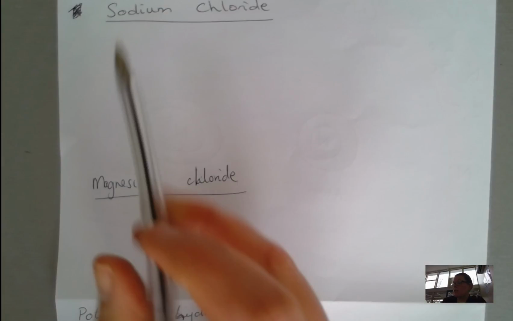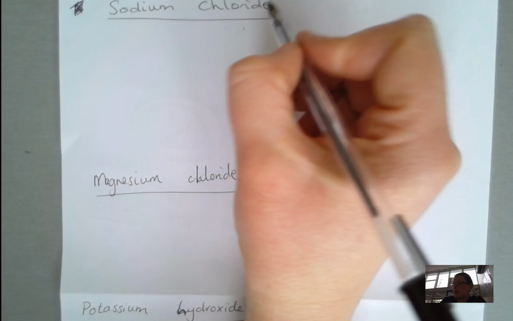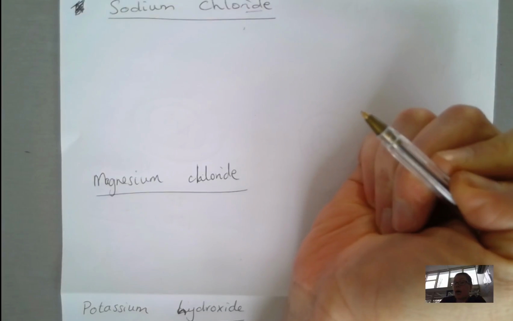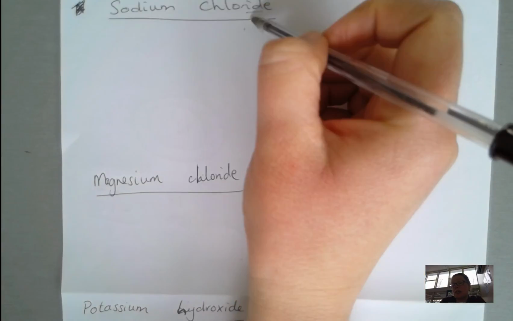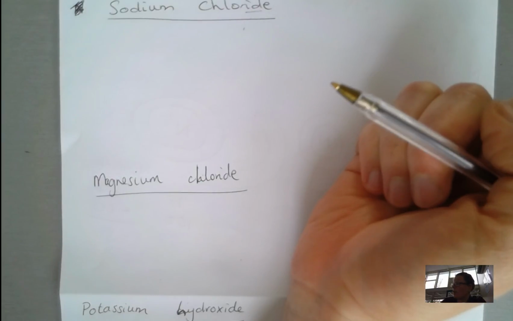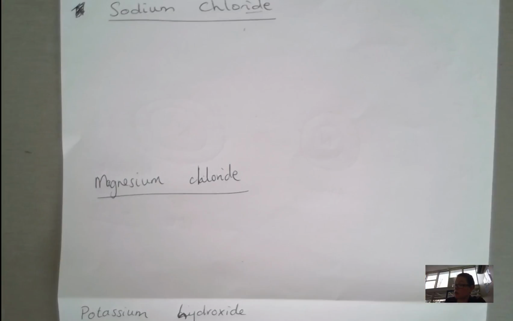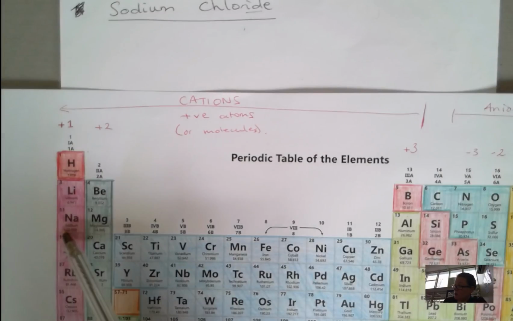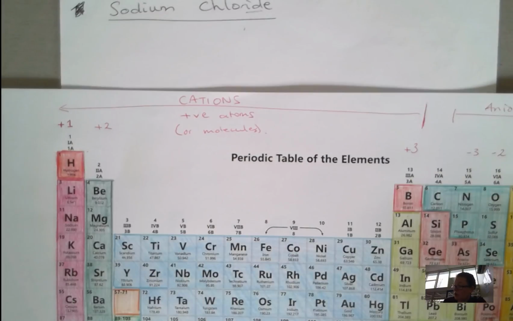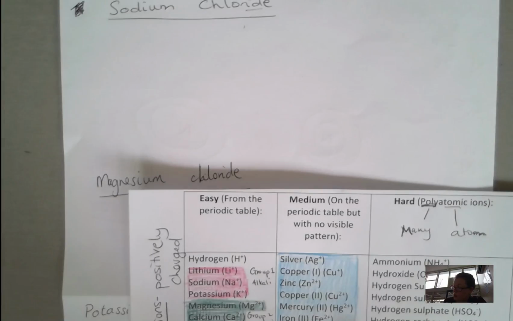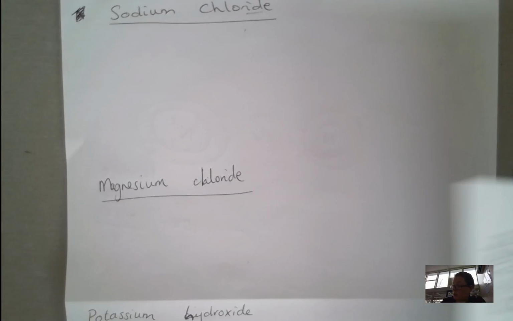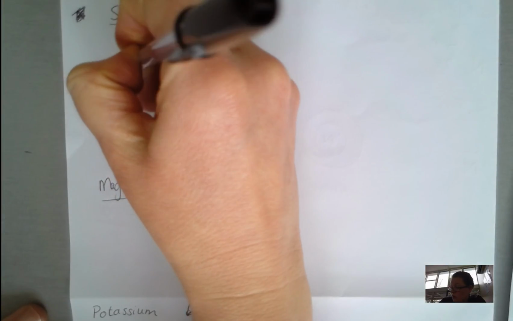So I've got some simple ones to start with. We've got sodium chloride. Now the chloride just means that it is chemically bonded. The reason this is an easier one is because it just has the two elements in it, so we can just use the periodic table. Sodium as an ion is sodium positive 1.